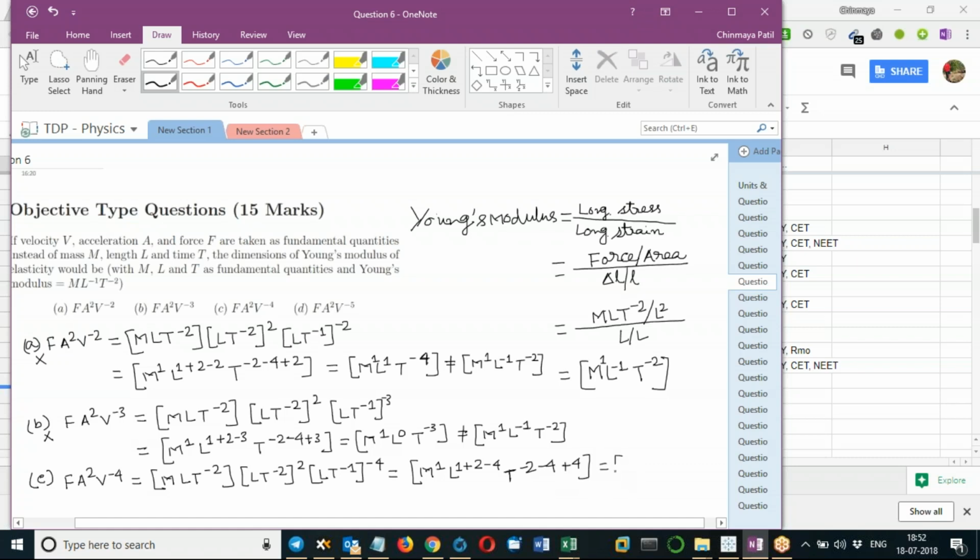This is equal to M power 1, L power minus 1, T power minus 2, which is the Young modulus. So option C is correct, and you need not proceed with option D because it is an MCQ with a single correct option. I hope all of you understood, and we can proceed to the next question.